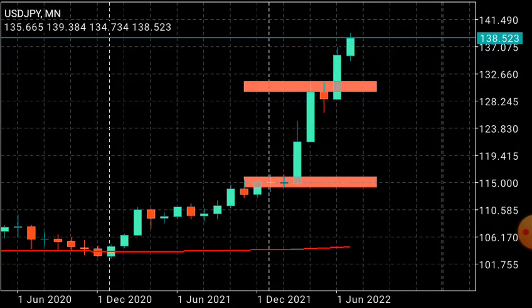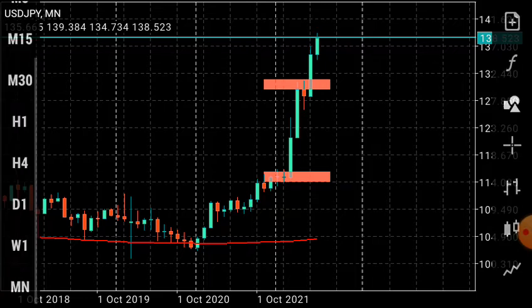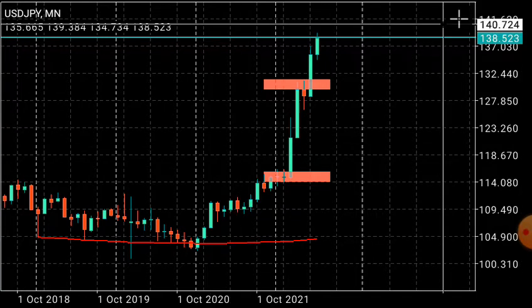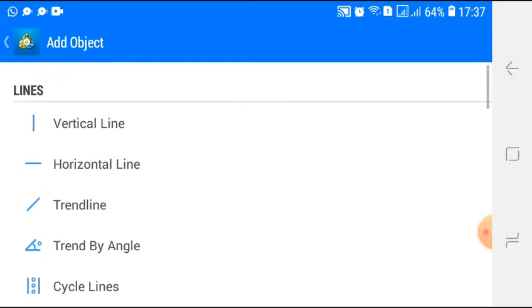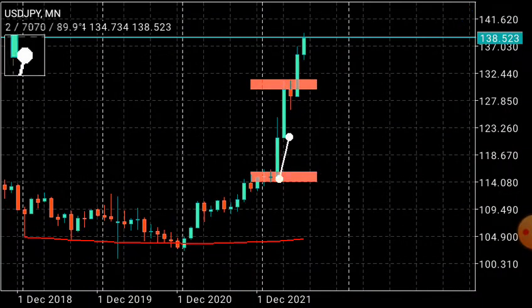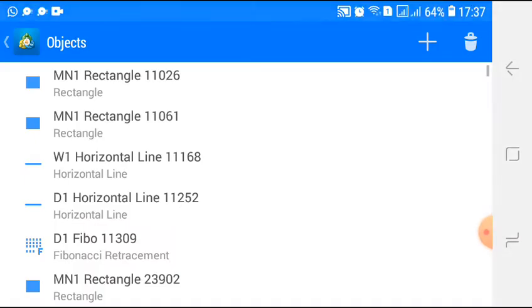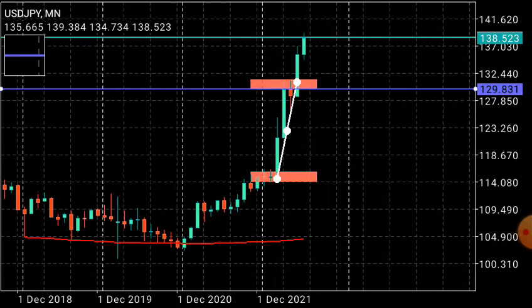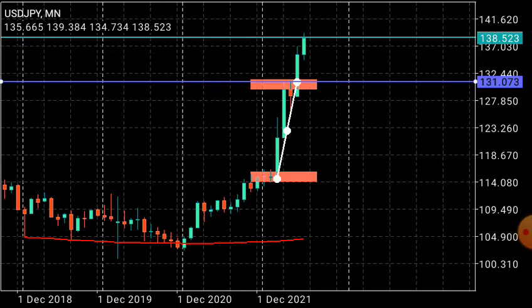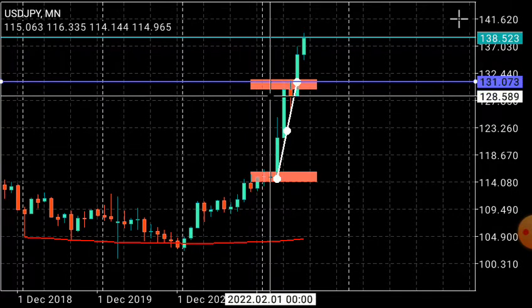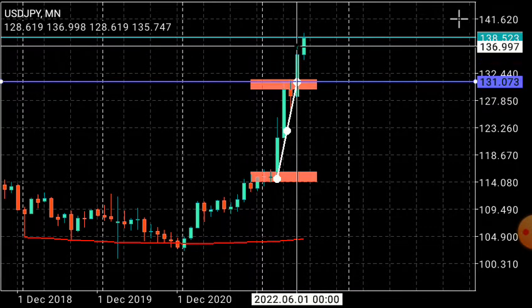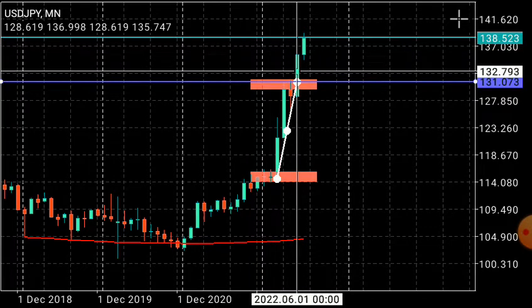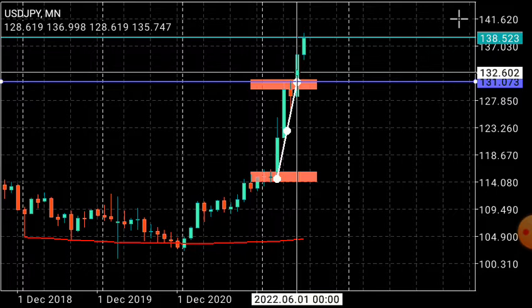So from the monthly, as you can see, the market has already broken that area right there. The market broke the area here, impulsed from that low, and then it consolidated, and then it broke the high there at the zone at $131.073 region, and from there it impulsed to where it's currently at, $138.523 region.